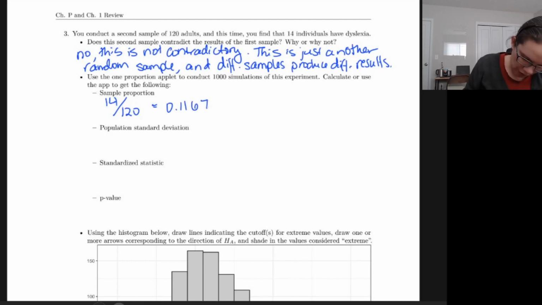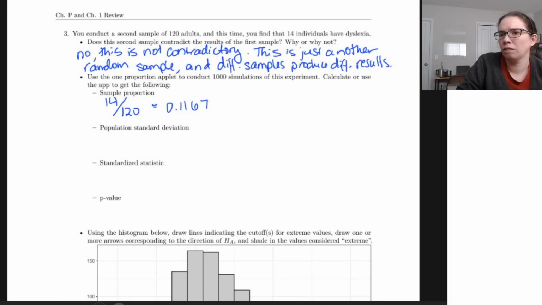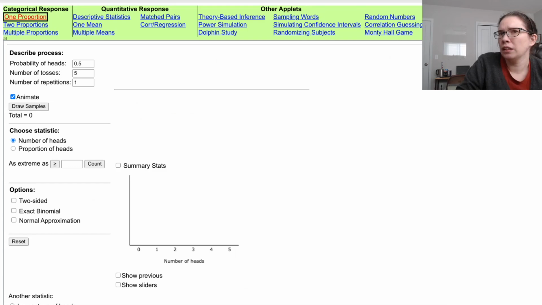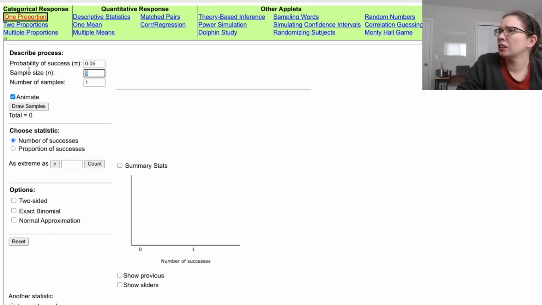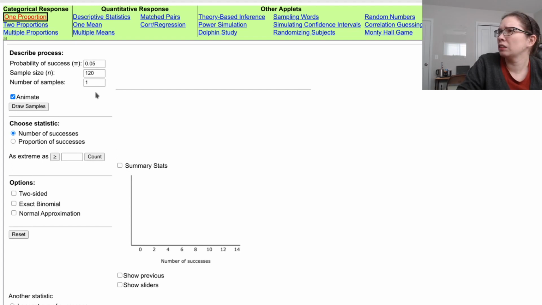For our population standard deviation, using the one proportion applet, we're going to do 0.05. Sample size is 120.